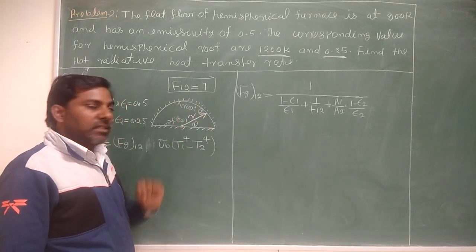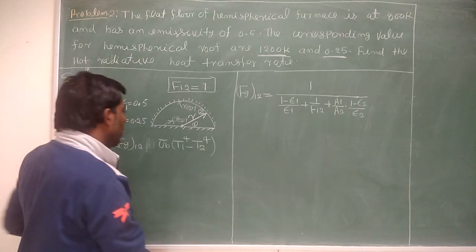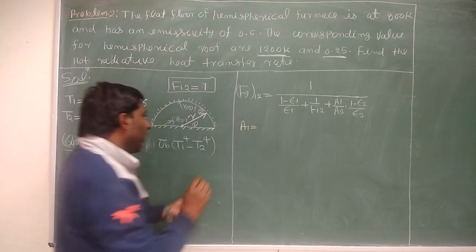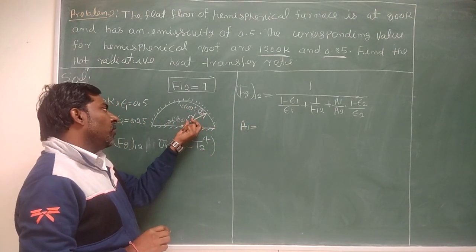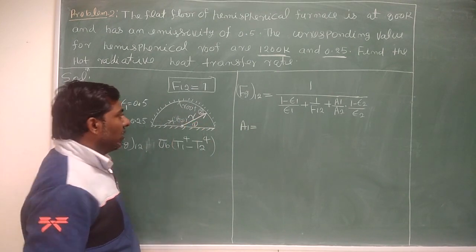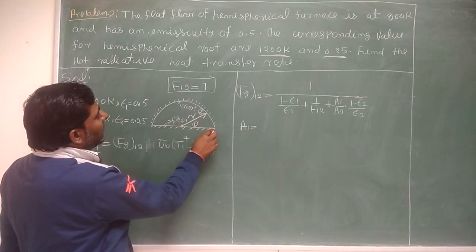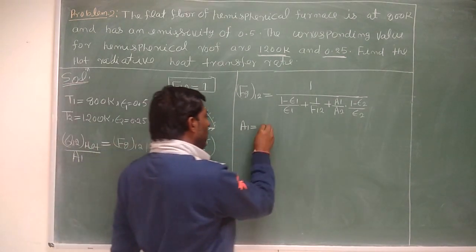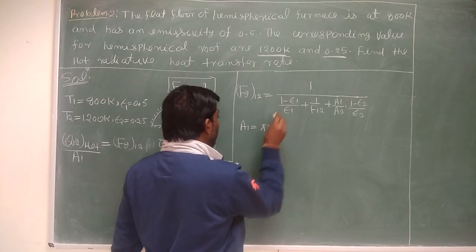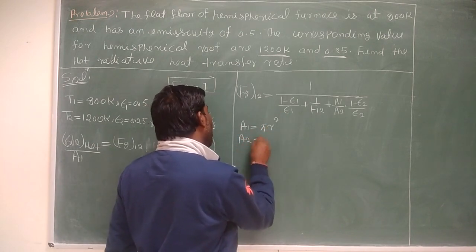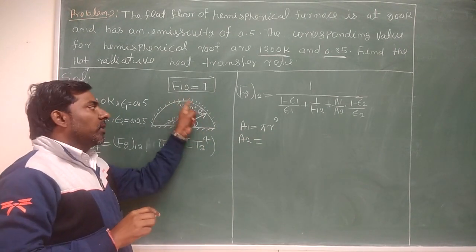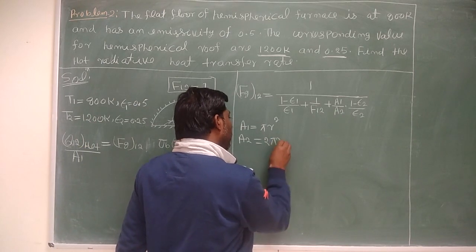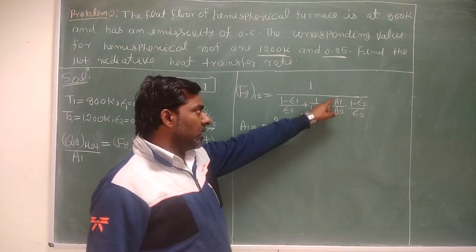You don't know the value of r, but let us say this is r. The flat surface is circular with radius r, so its area A1 will be pi r square. And the area of the hemispherical roof, body 2, is half of the sphere, that is 2 pi r square.